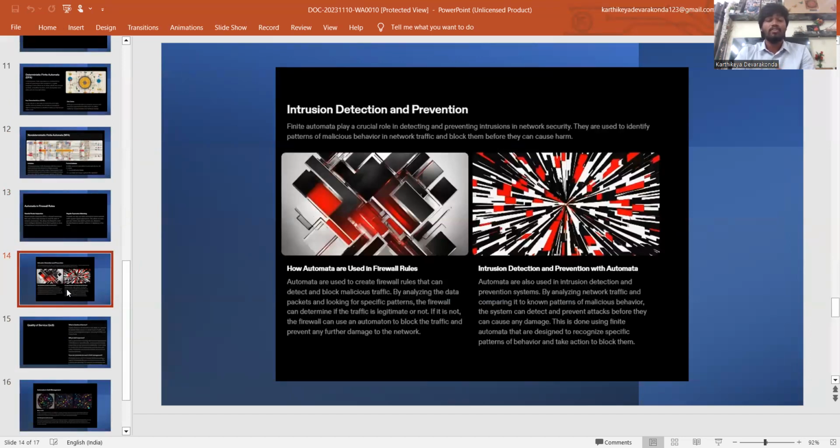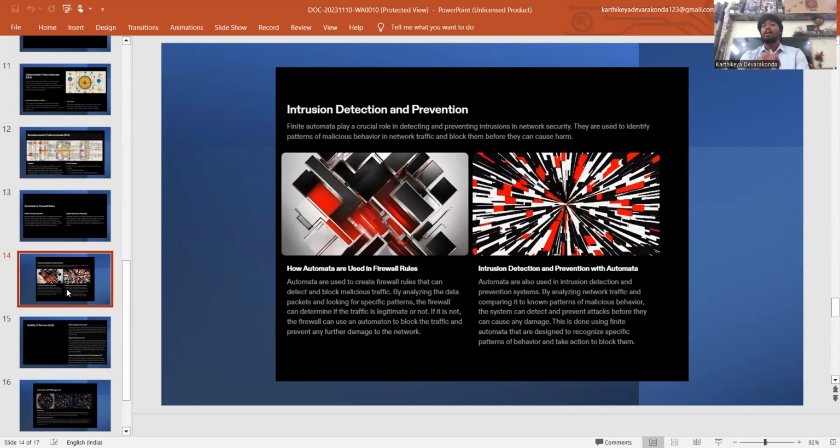Now we'll discuss networking applications, that is, intrusion detection and prevention. Finite automata play a crucial role in detecting and preventing intrusions in network security. They are used to identify patterns of malicious behavior in network traffic and block them before they can cause harm.